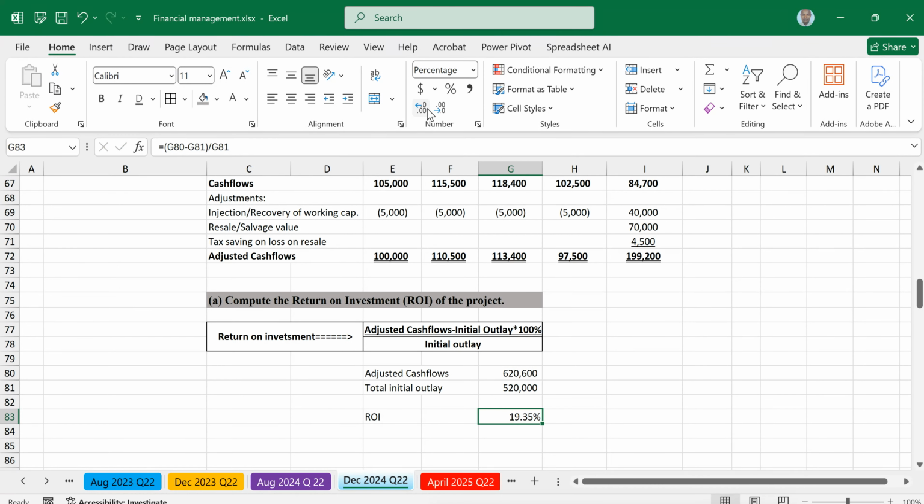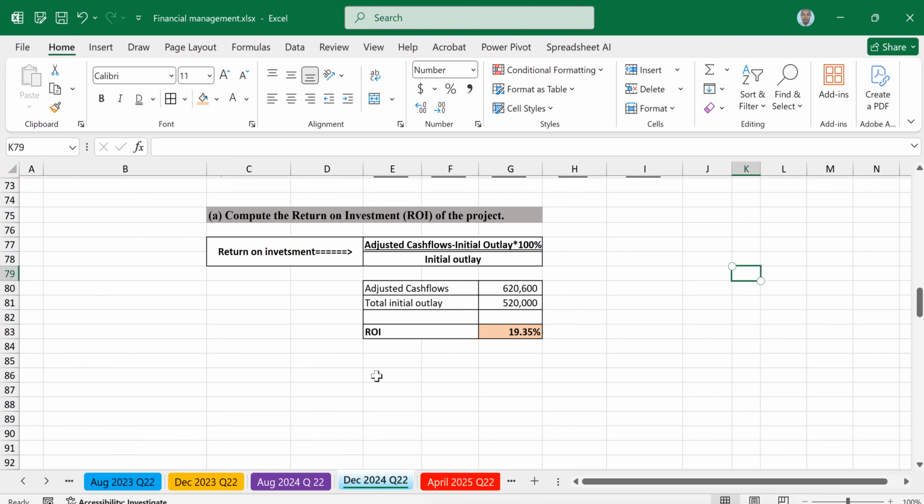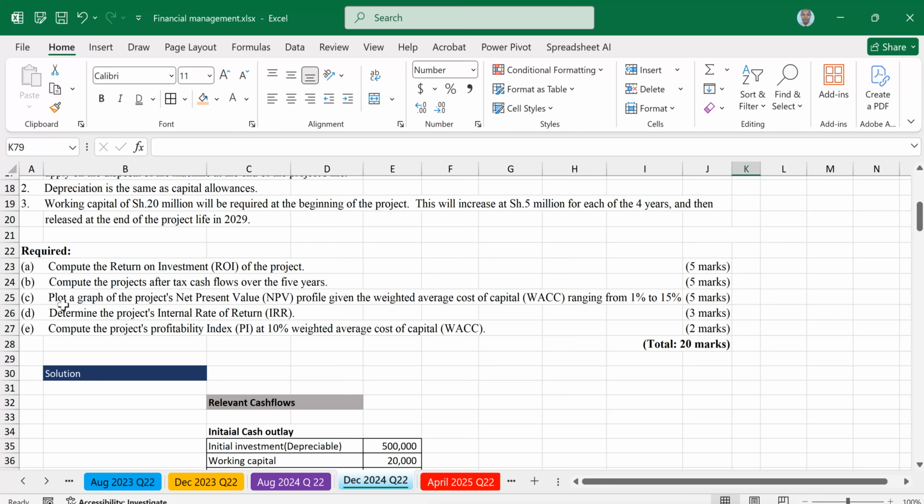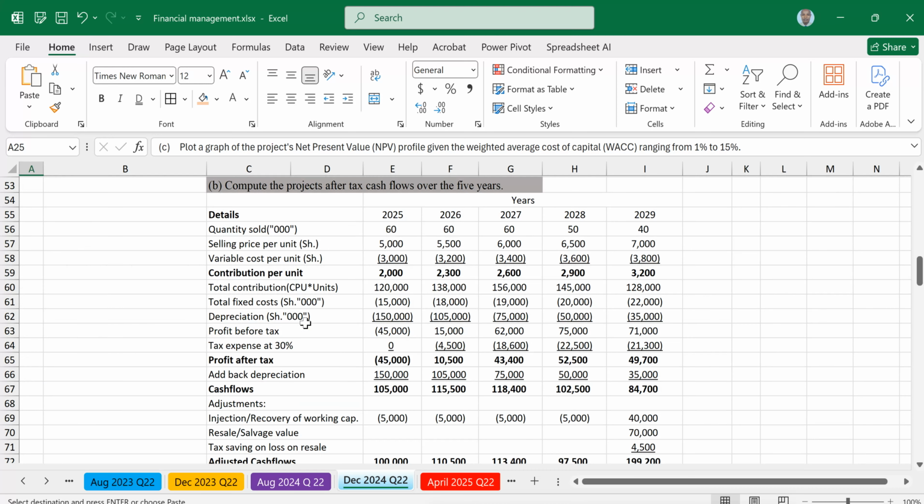Another part: plot a graph. Plot a graph of the project's NPV given the weighted average cost ranging from 1 to 15. So they want us to plot a graph.